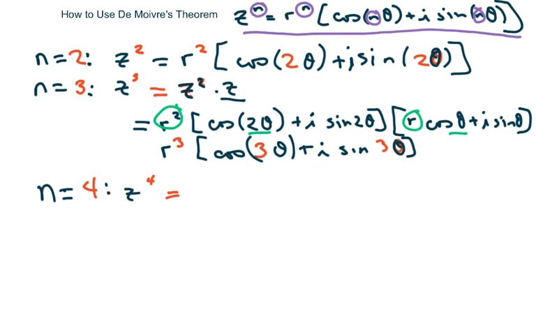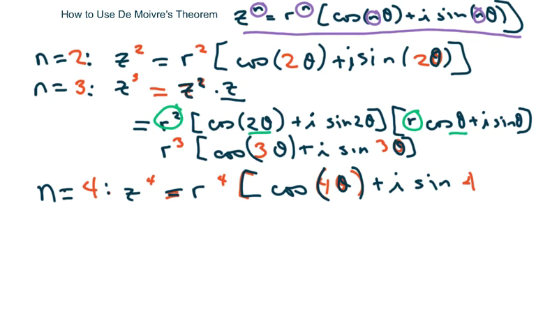It's going to be r to the 4th times cosine of 4 theta plus i sine of 4 theta. You could write all this out, but that's where you're coming from. So it's pretty easy if you know the formula.